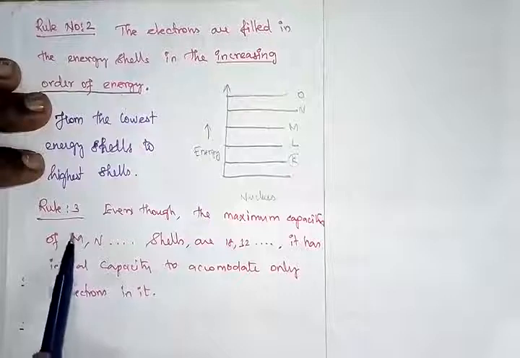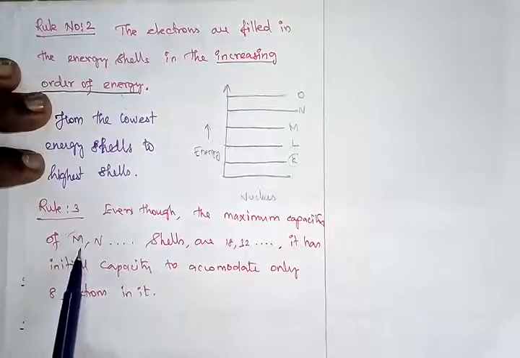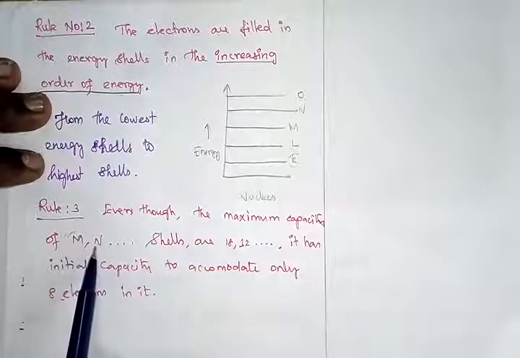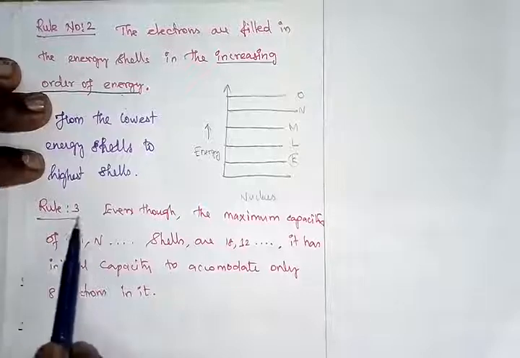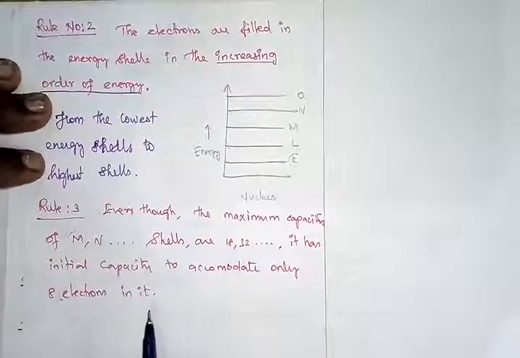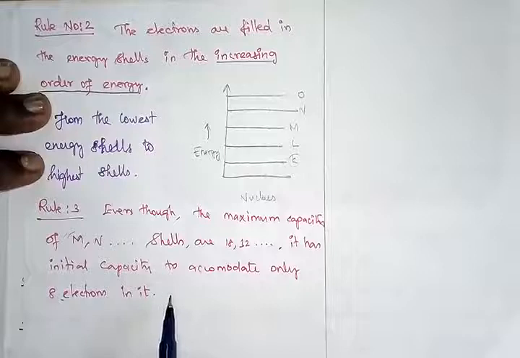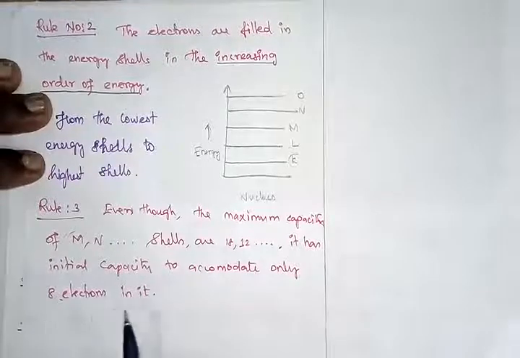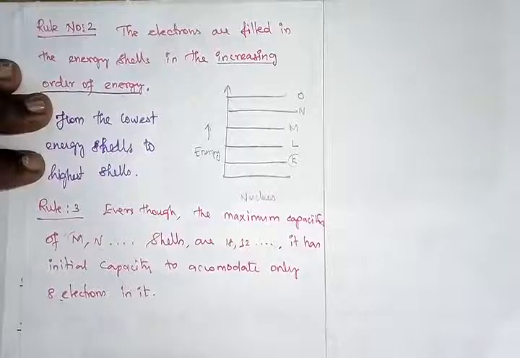So once the M shell is filled with 8 electrons, it jumps to the next level. So that is the idea rule number 3 talks about. Got it? Fine. So let us start working out the sums. We will come to know how to apply these rules.